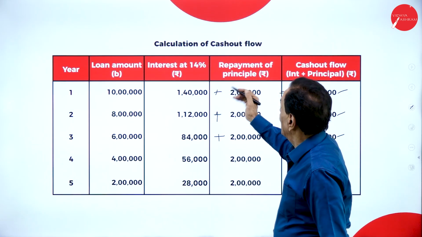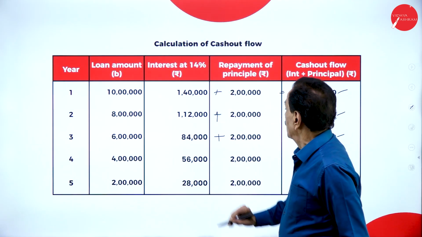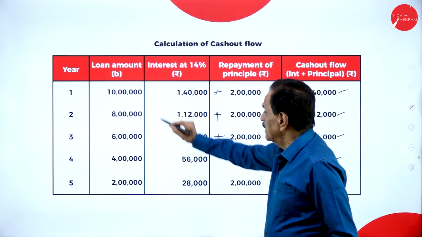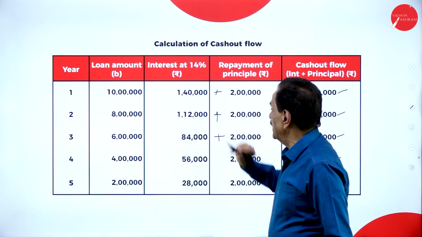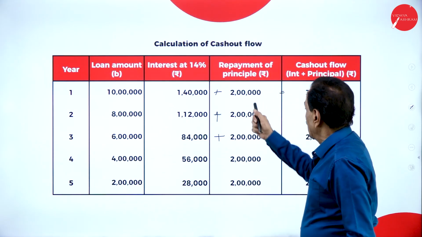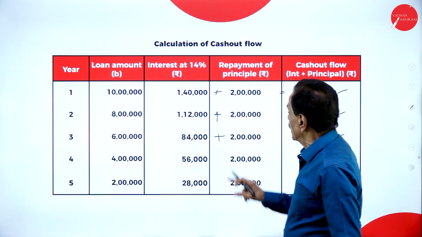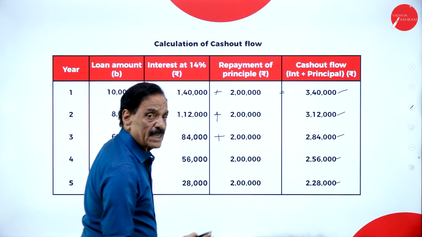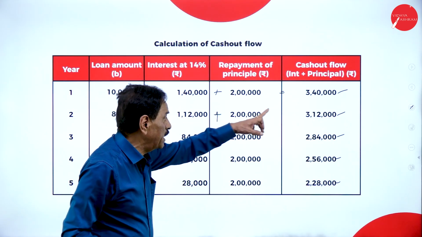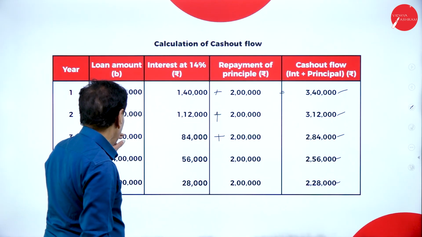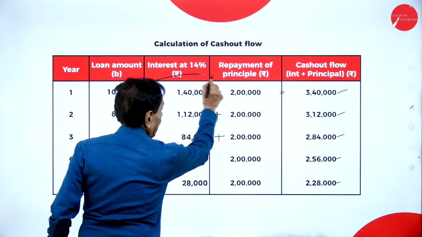Second, calculation of cash outflows. For repayment, 10 lakh is there. Your interest is 14%. Then every year we are paying how much money? 2 lakh, which does not contain any interest. 2 lakh plus 1 lakh 40,000 becomes 3,40,000. For this, the repayment is deducted.